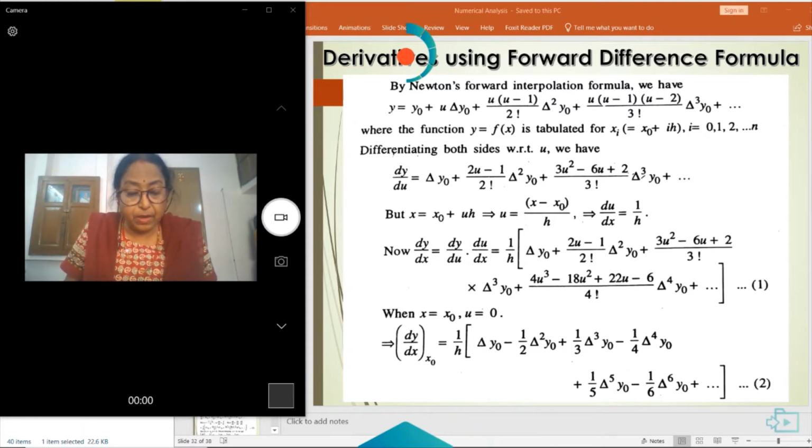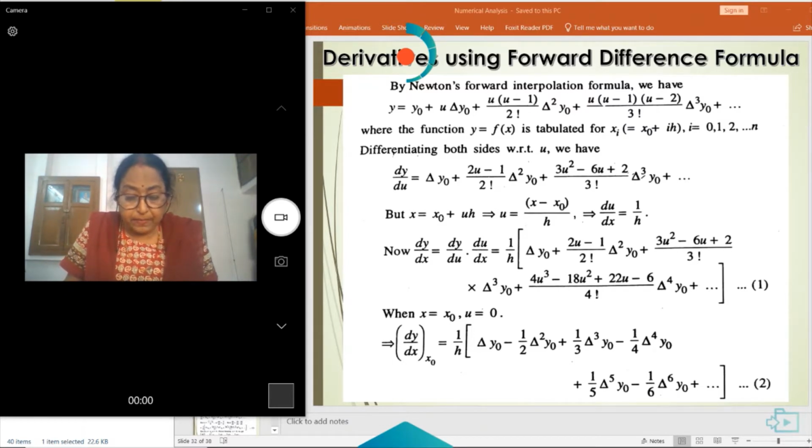Similarly, differentiation of u into u minus 1 by factorial 2 is 2u minus 1 by factorial 2 and delta square y0. Next, u into u minus 1 into u minus 2, when differentiated with respect to u, gives 3u square minus 6u plus 2 by factorial 3, and so on.